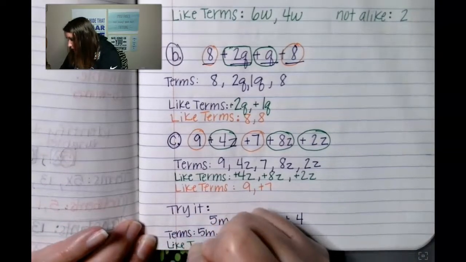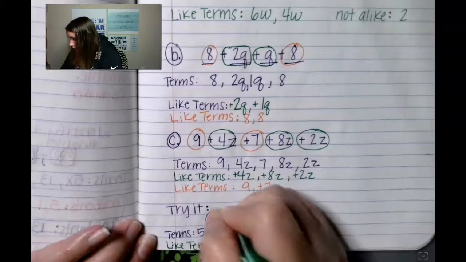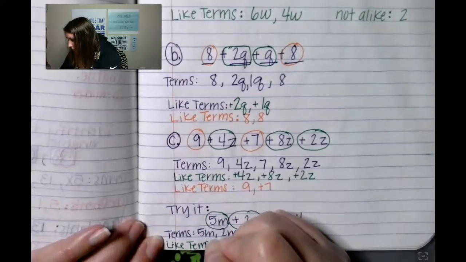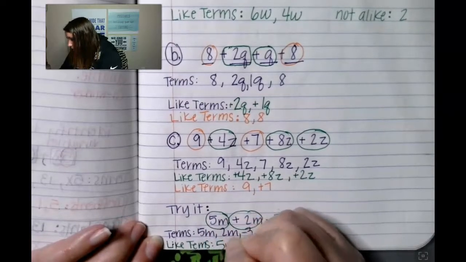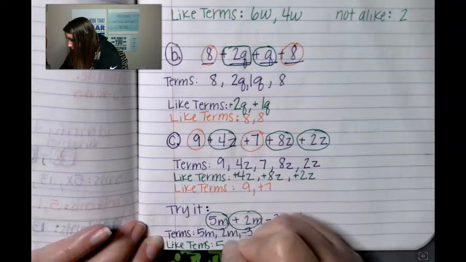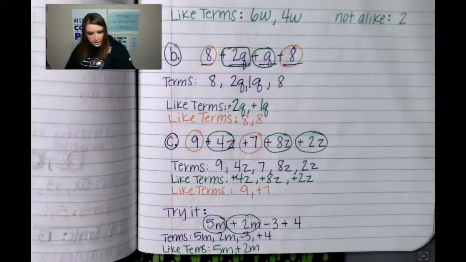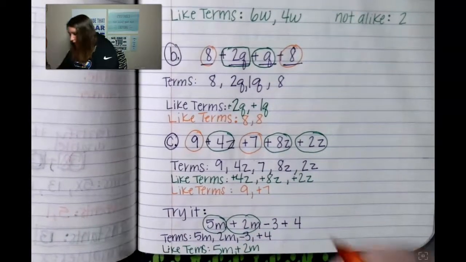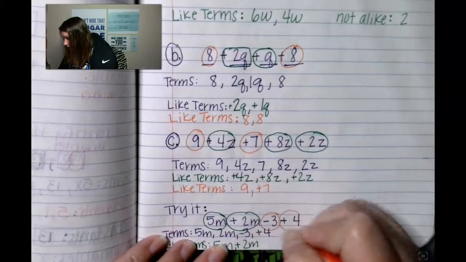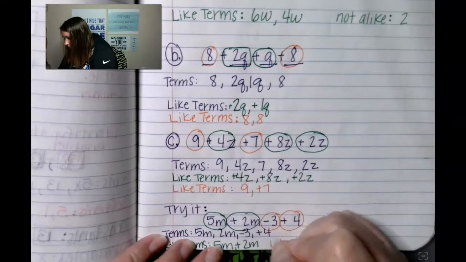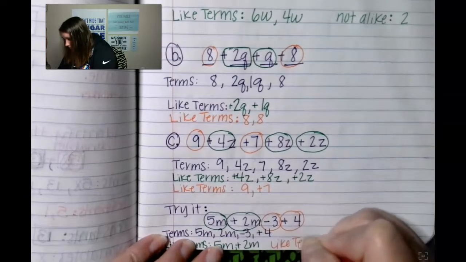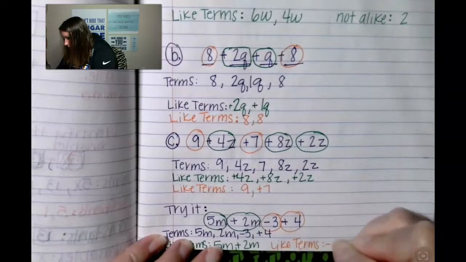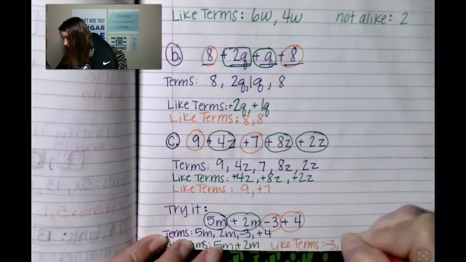The first set of like terms was a 5m and a 2m. Our second set of like terms was a negative 3 and a positive 4.